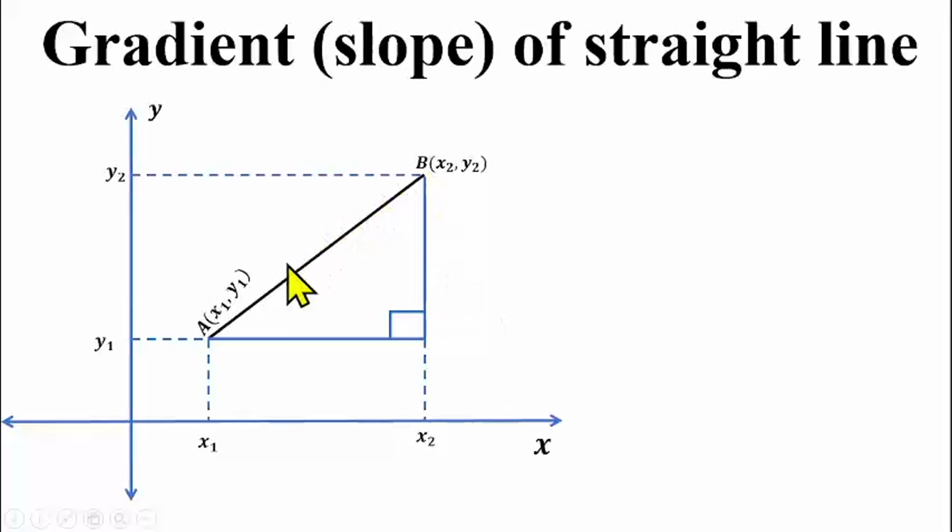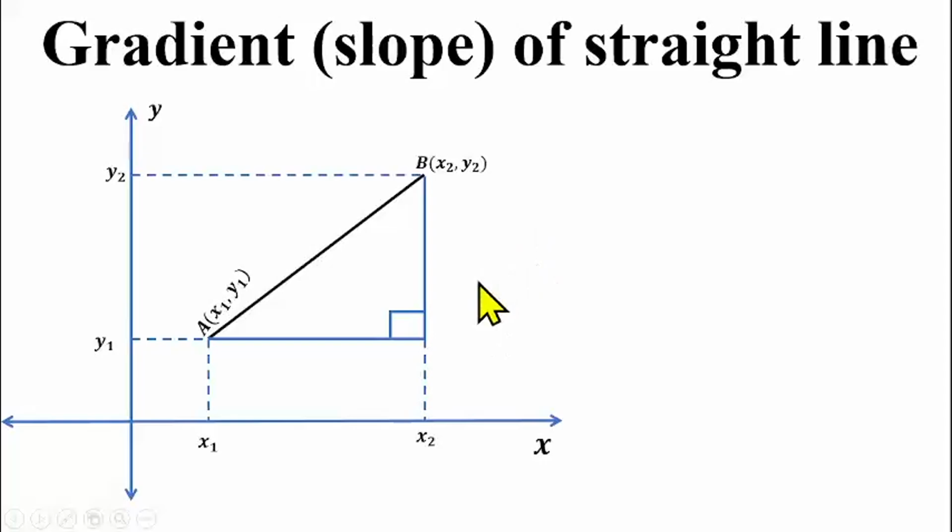To find the gradient of the straight line, having made a right angle triangle with it, we need to find the change in the y-axis, which is from y2 to y1, and we need to find the change in the x-axis, which is from x2 to x1.